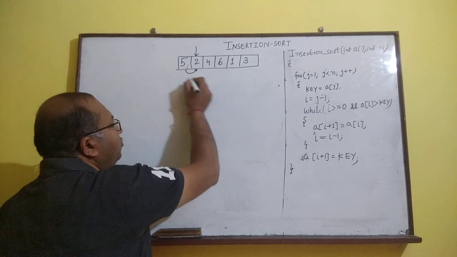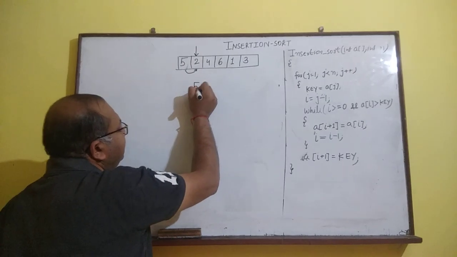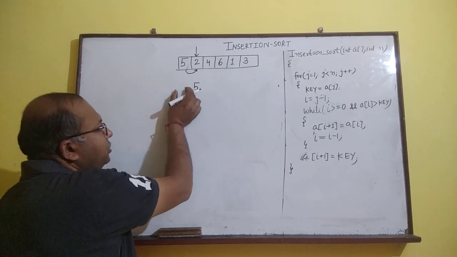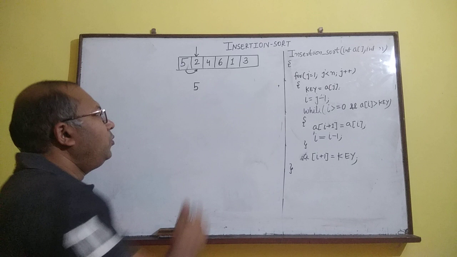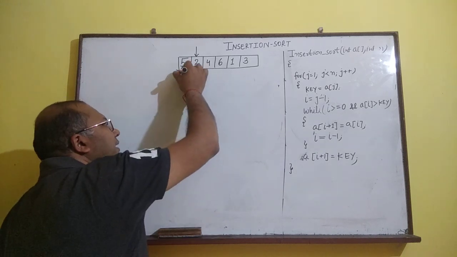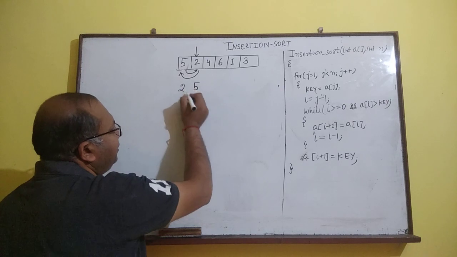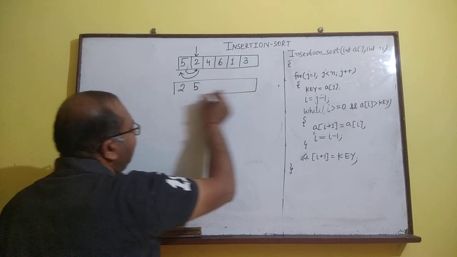So this 5 is shifting from this position to this position, and this position becomes empty. We will store 2 at this position. That means we have the resultant array like this.